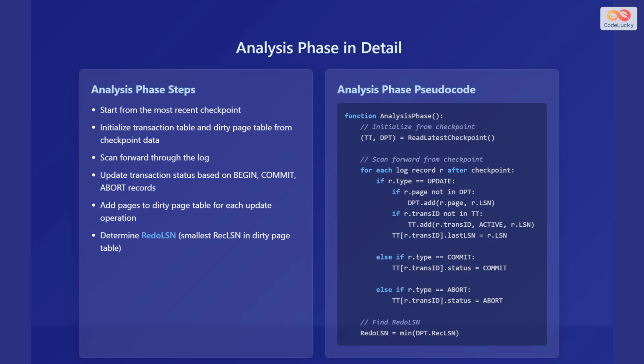Otherwise, if the record type is commit, then the transaction table's status is set to commit. Or if the record type is abort, then the transaction table's status is set to abort. Finally, the redo LSN is set to the minimum recLSN found in the dirty page table.